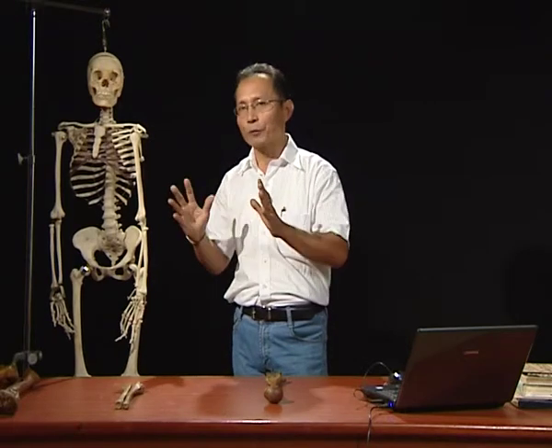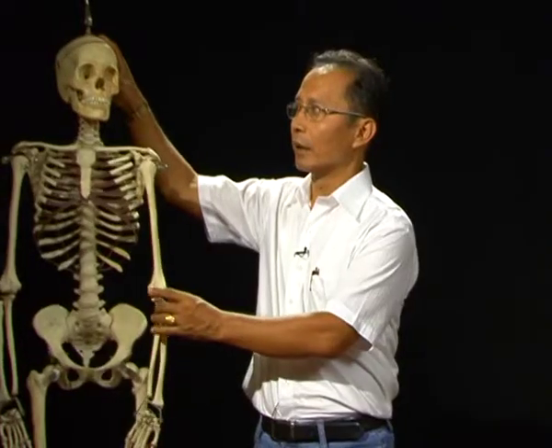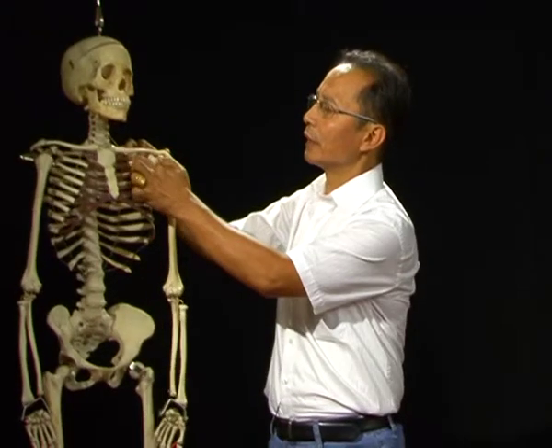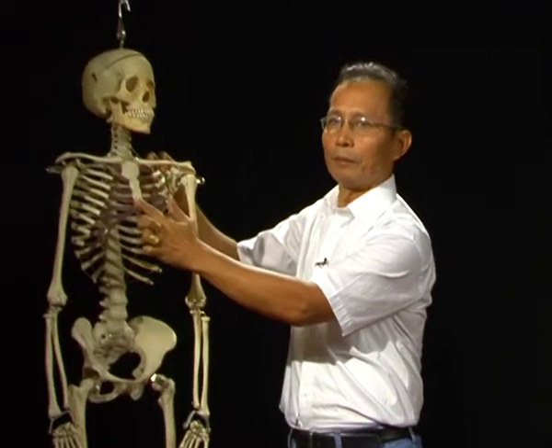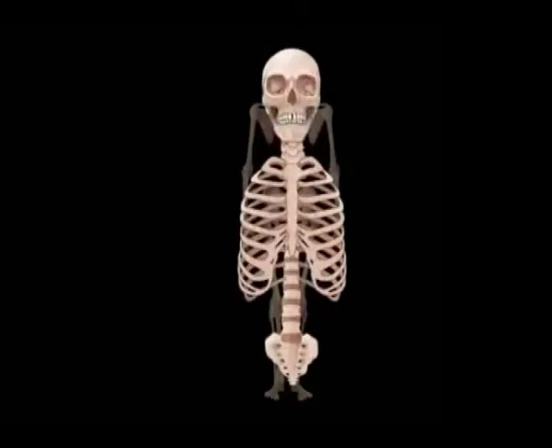When we say axial part of the skeleton, it simply means all those bones which form the axis of the body. When we say axis of the body, you see the skull, all these ribs, then the sternum and your vertebral column constitute the axial skeleton.